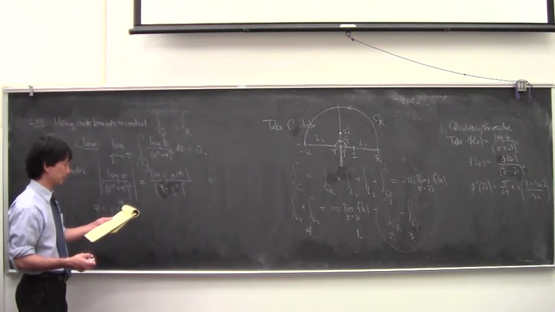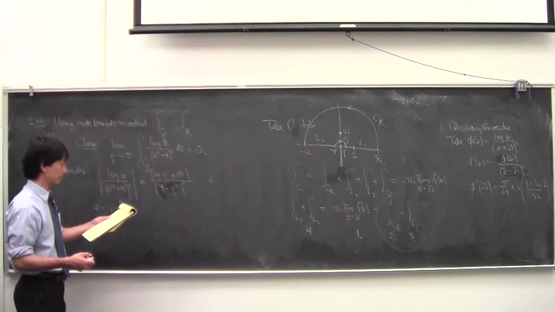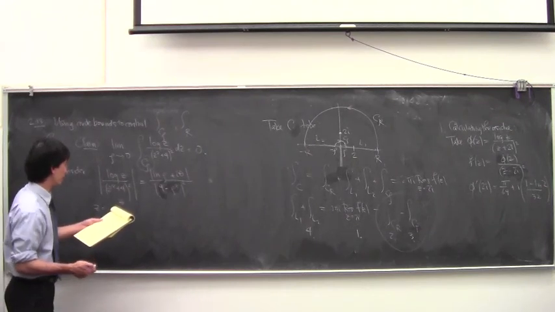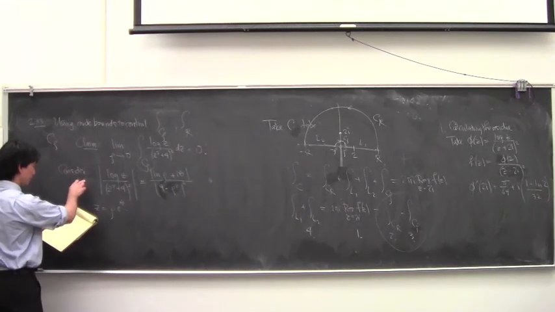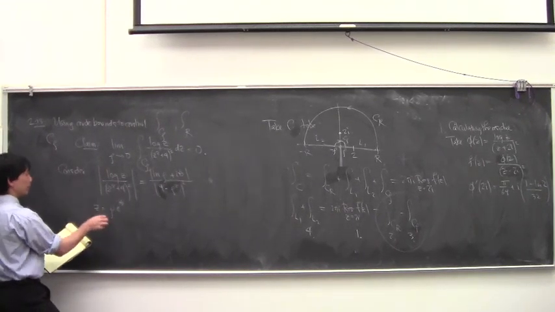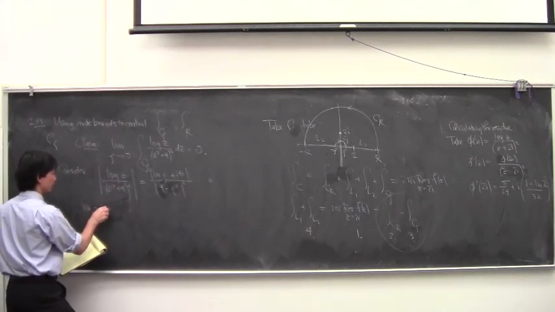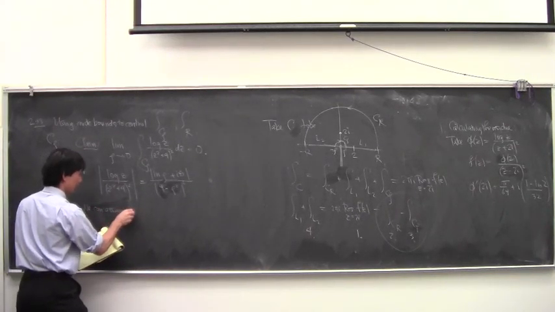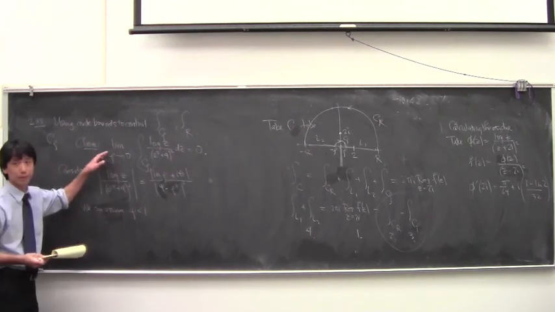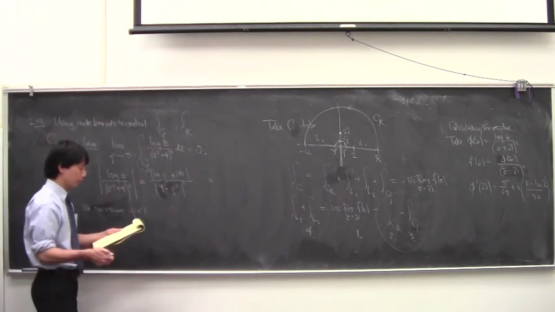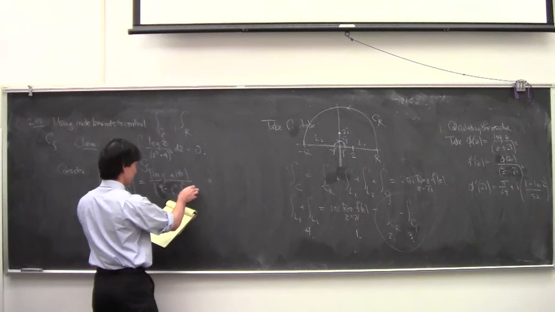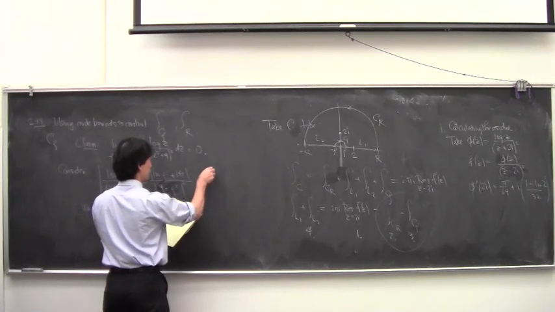We can assume that rho is less than 1, because our rho is going to 0, and so we can bound this thing like this.